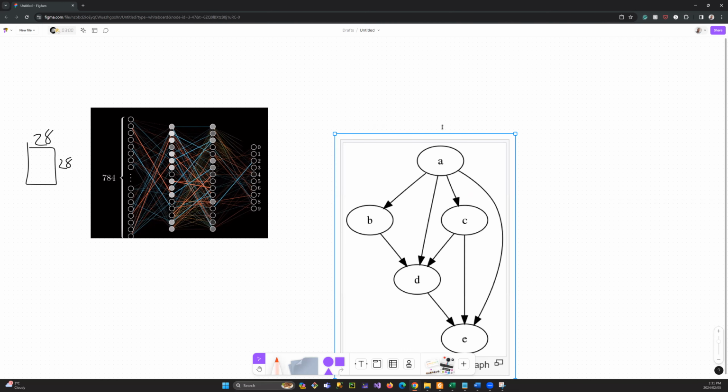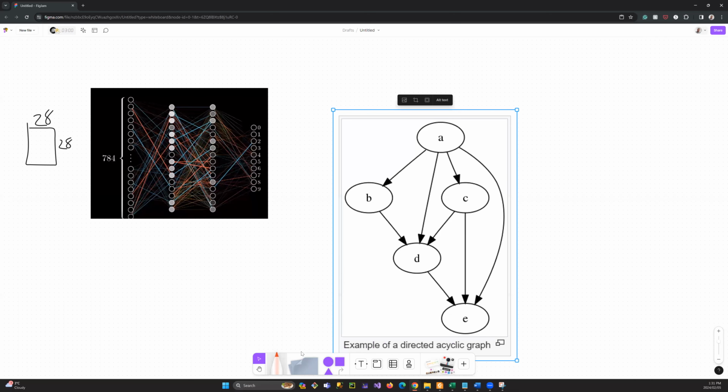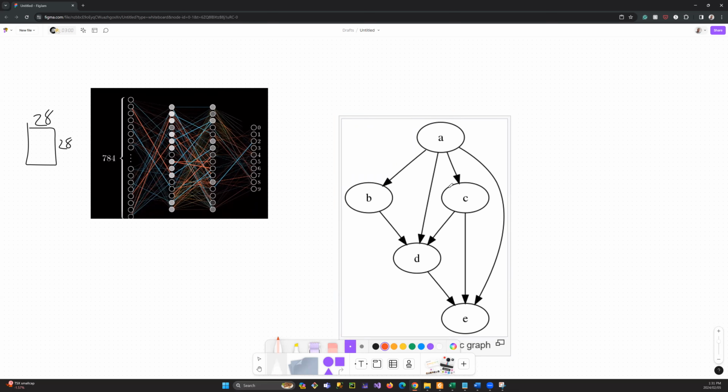Imagine that for any reason, if I use a different color, if I have something from here back to A, then I could have a kind of path that goes back to where I started. This is not going to be acyclic anymore. It's going to be cyclic.